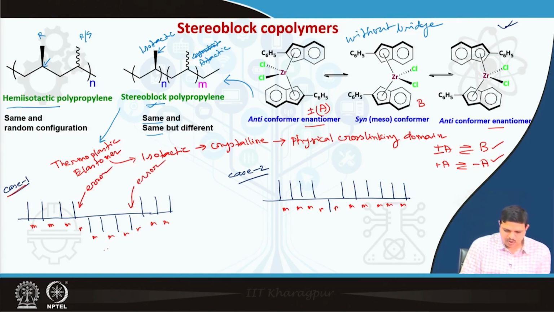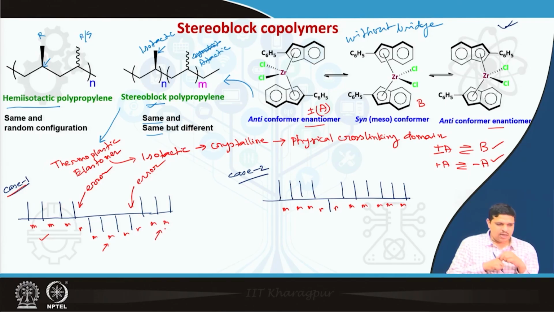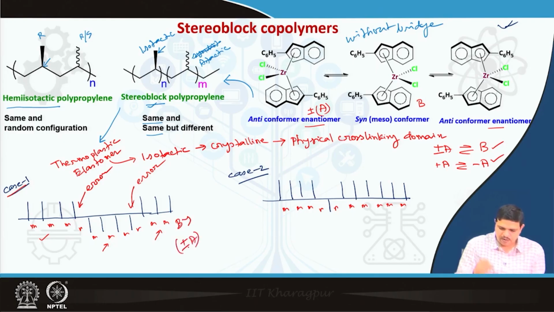What you are getting is M, M, M, M, then there is one error, then again M, M, M. Then if there is another error, then again M, M, M. That means obviously that this polymerization is by the plus-minus A, the enantiomer, not by the meso, because meso has no chiral environment.